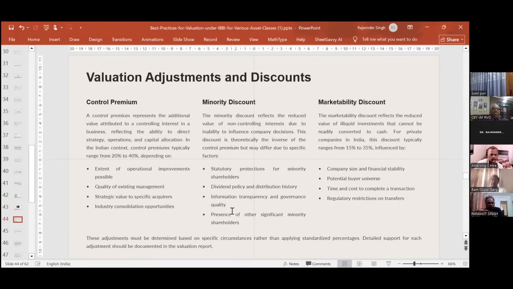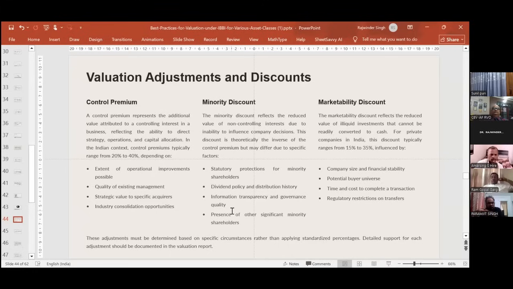So next is valuation adjustment and discounts. First is control premium. What is control premium? A control premium represents the additional value attributed to a controlling interest in a business, reflecting the ability to direct strategy, operations, and capital application.